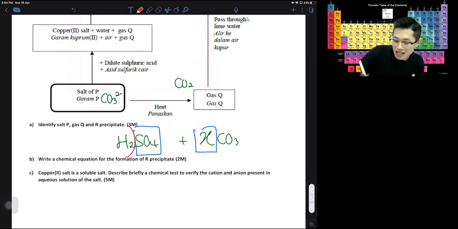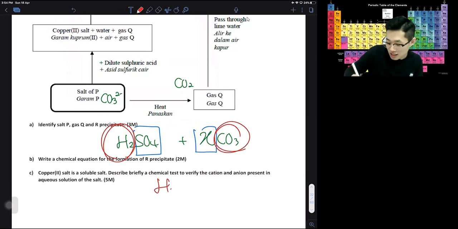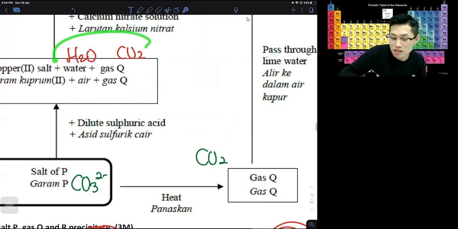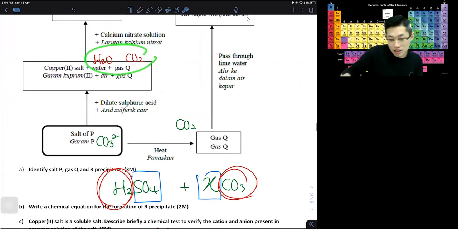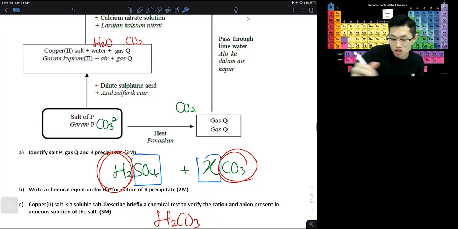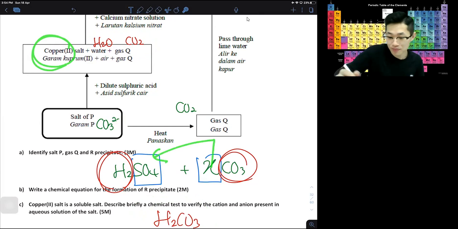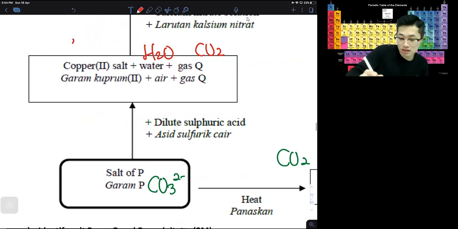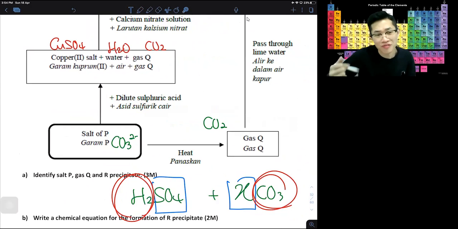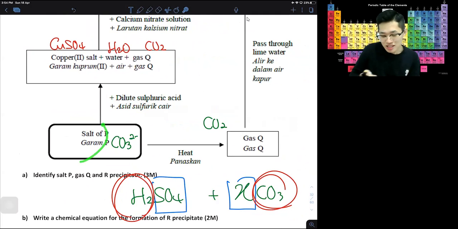Something salt we do know. But what we know is H2 and CO3 is the H2O and CO2. You see, if you add H2O and CO2 together, you get H2CO3. So that means the salt must be copper 2 sulfate. No? If this salt is copper 2 sulfate, that means this one is something carbonate.